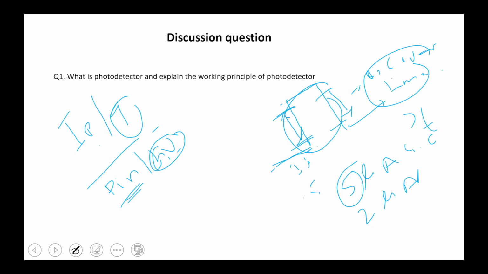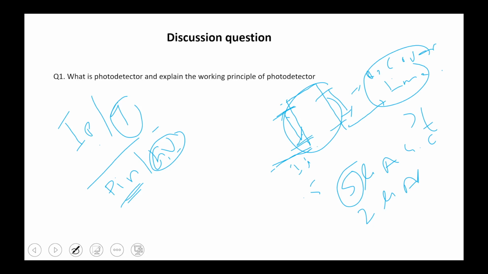Can you remember any other parameter after responsivity, quantum efficiency, bandwidth, and response time? Sir, absorption. Yes, absorption of the material. Absorption signifies how much light will be absorbed in the material.